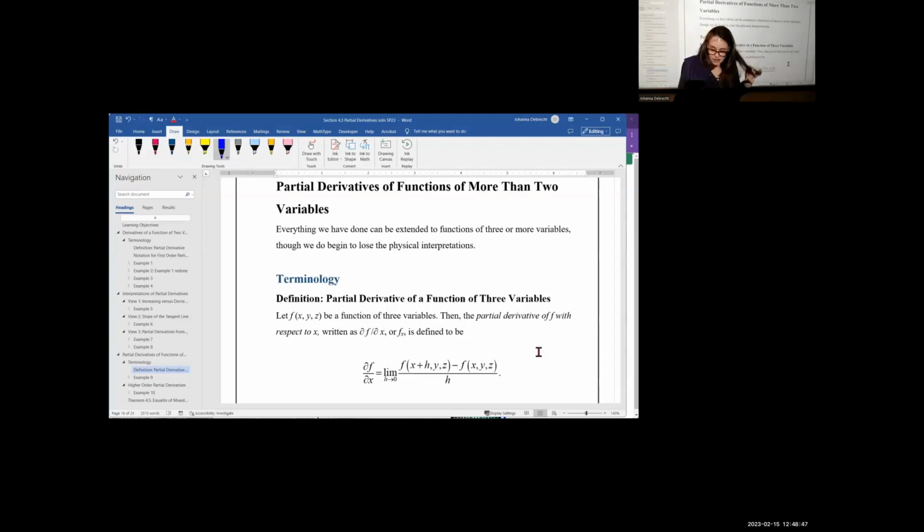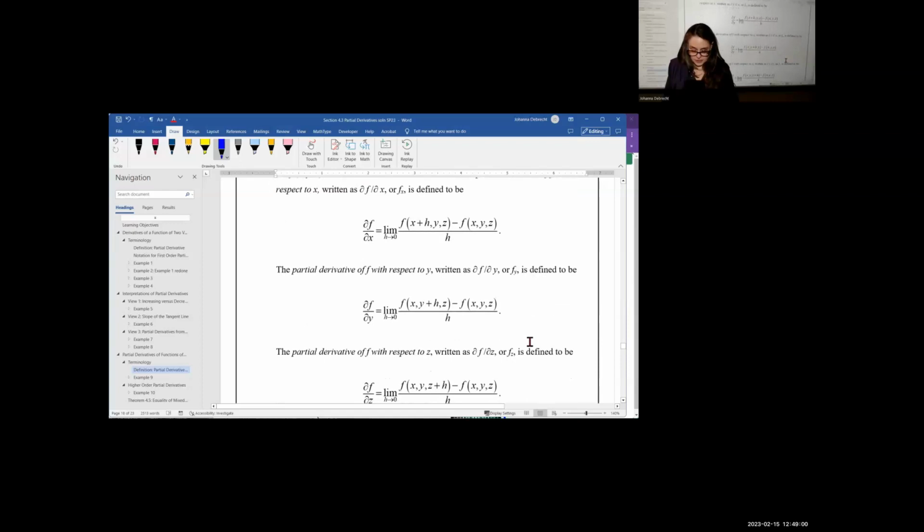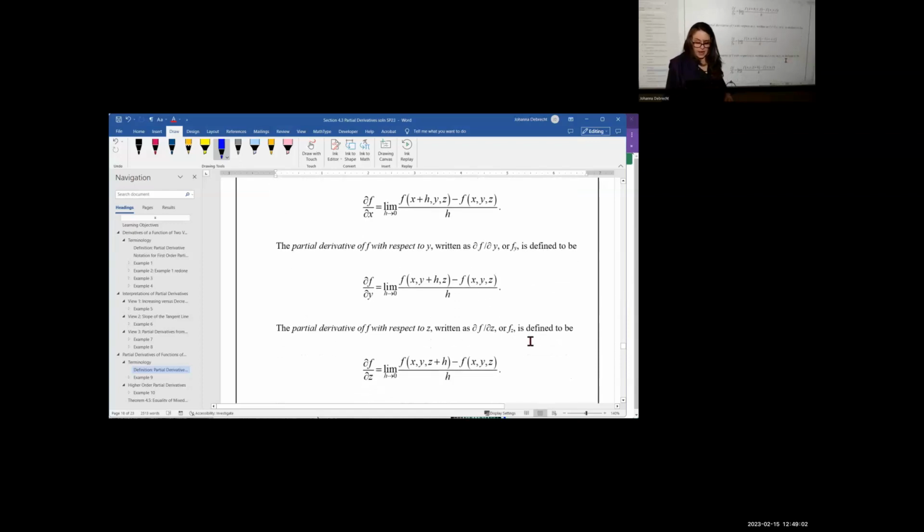Okay. All right, this is just a real short, just to make sure that you're aware. Partial derivatives of functions of more than 2 variables, the definitions are going to be very similar to what we had before. And we talked about this yesterday in class. The partial with respect to x, you're changing x from just x to x plus h, but y and z stay constant.